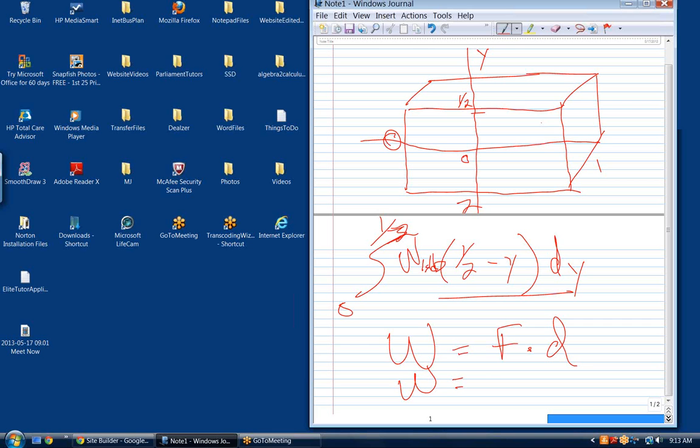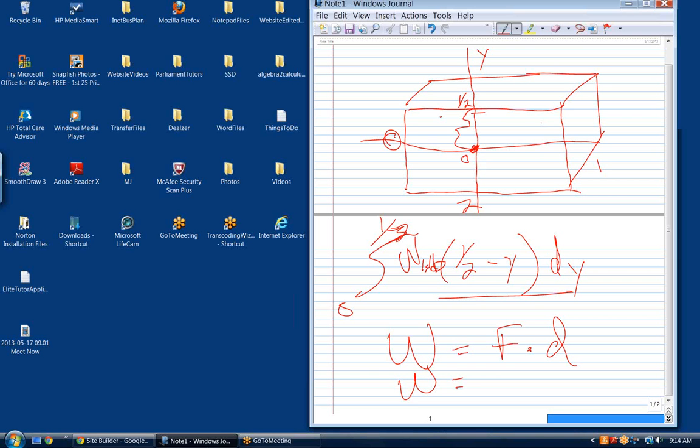Okay. Can you explain to me why it's the integral from 0 to 1/2? Yeah, because we're going to take that slab of water, that rectangular slab of water, and then we're integrating throughout this interval right there.